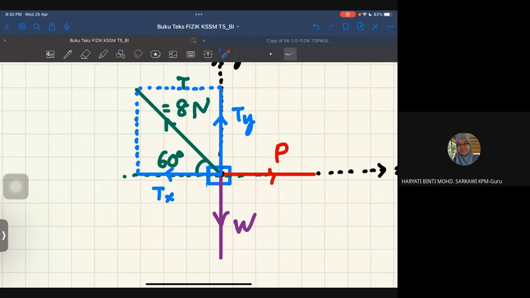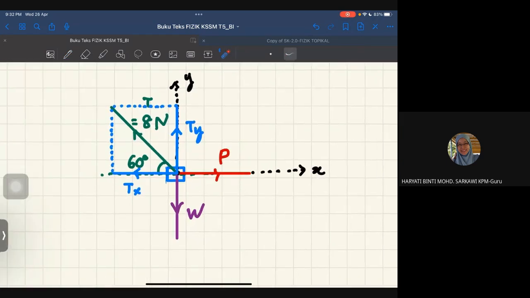And we can see that for now we can look at the vertical component of resultant force, which is the combination of Ty and W. And then the horizontal component of the net force will be the combination of Tx and P. And then again, the system is in equilibrium, which means for this case, the lamp is not moving, stationary.